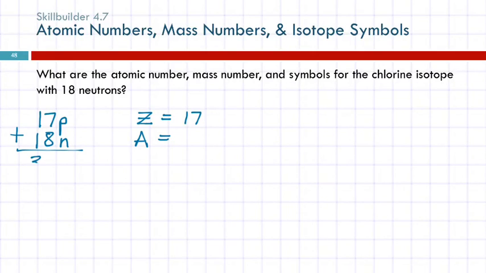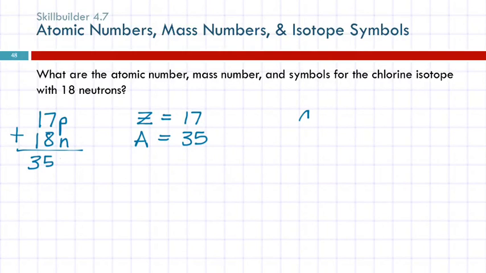I believe that's 35. Yeah, 35. So the mass number is 35. That's the number of particles that have significant mass, the number of particles in the nucleus. So those are the two numbers we need to write the symbols.